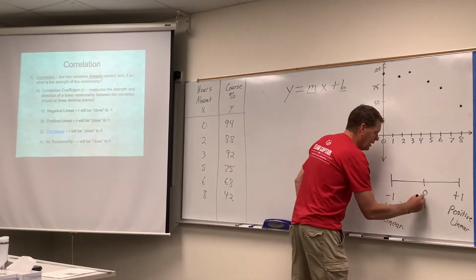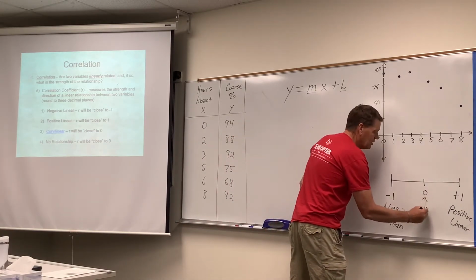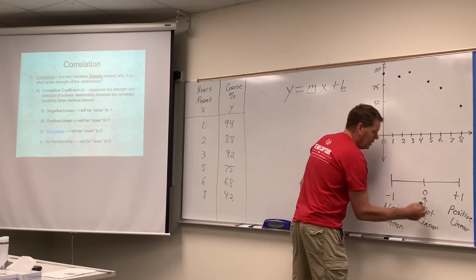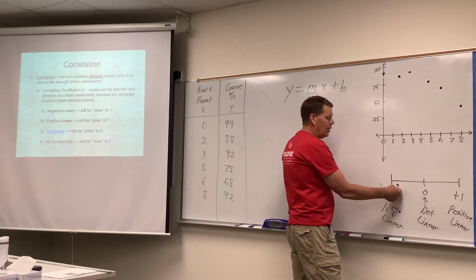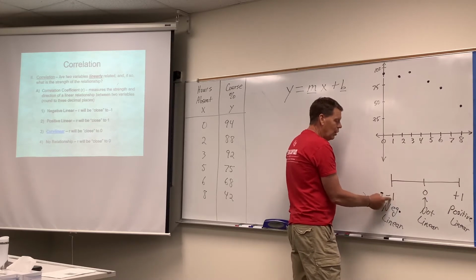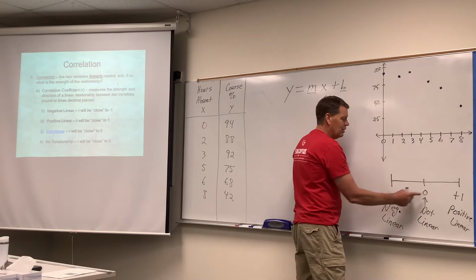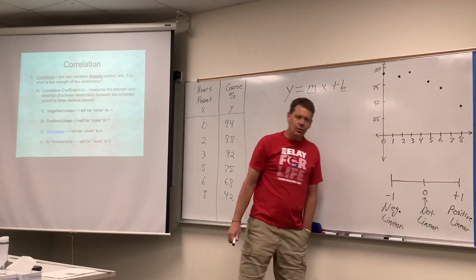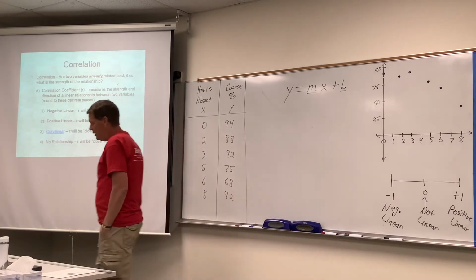So an R value of 0 essentially means that you're not a linear relationship. The closer the R value to -1, the more linear you are in the negative direction. The closer you are to +1, positive linear, and in the vicinity of 0, you're not linear at all. That's the idea there.